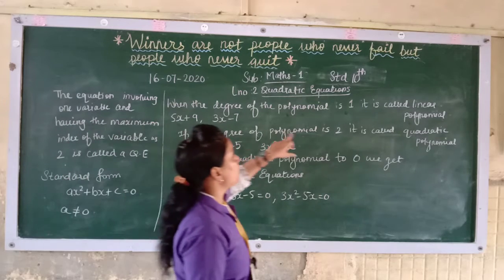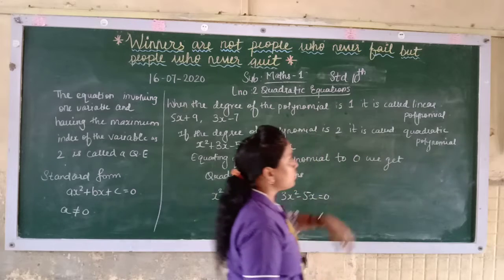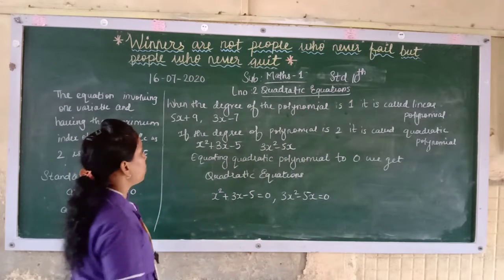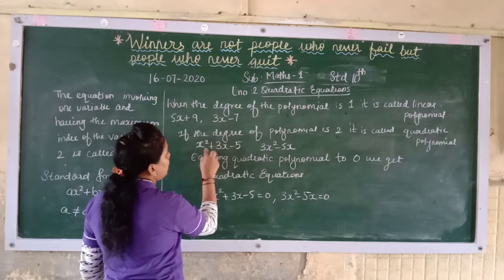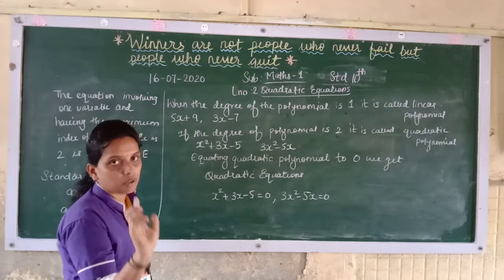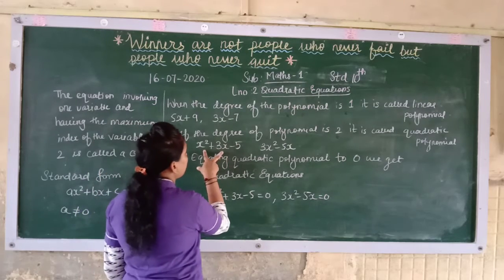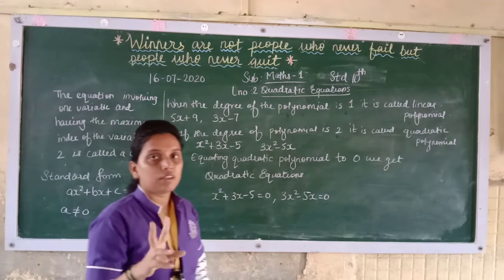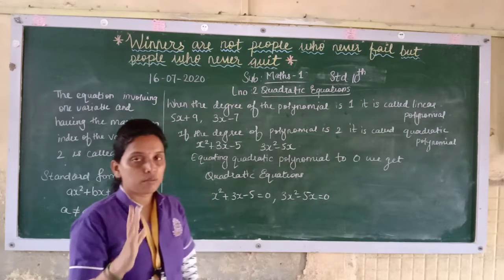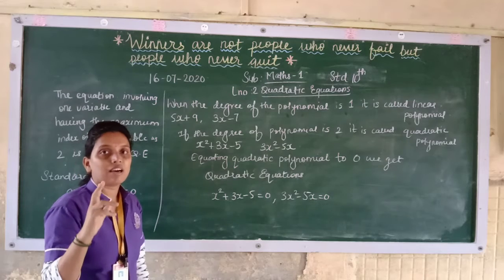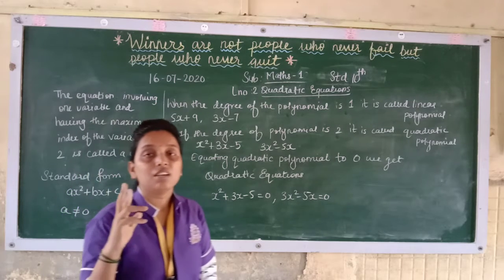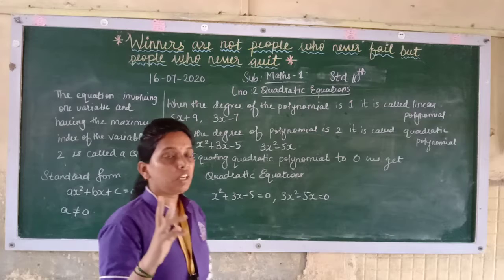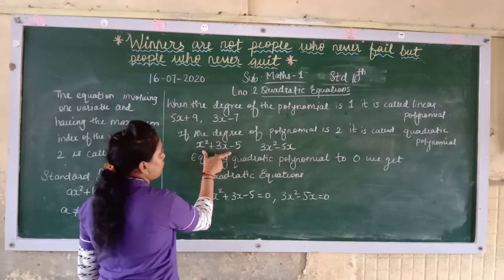If the degree of the polynomial is 2, then it is called a quadratic polynomial. It will involve only one variable, and the highest power will be 2. For a quadratic equation, there should be only one variable and the highest power of the variable, that is the index, should be 2.